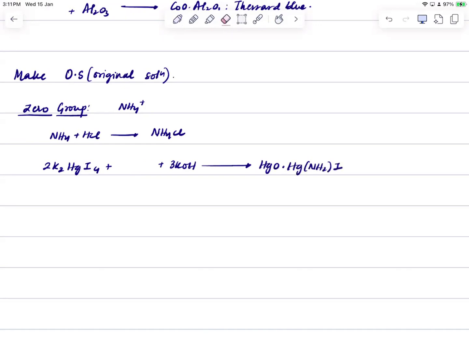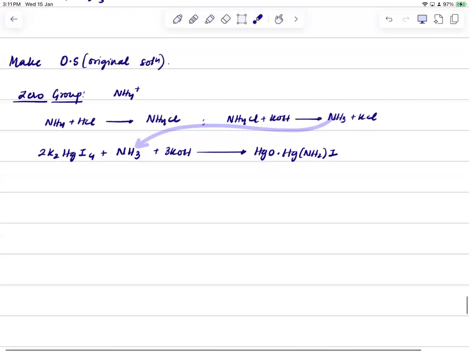Instead of ammonium chloride, in NCERT it is given as ammonia, where you notice that the ammonium chloride has initially been added to some amount of KOH to release ammonia, and from there this ammonia is added to the Nessler's reagent.